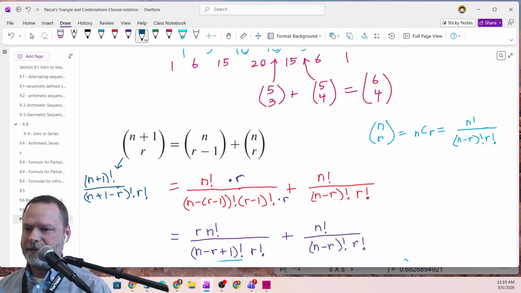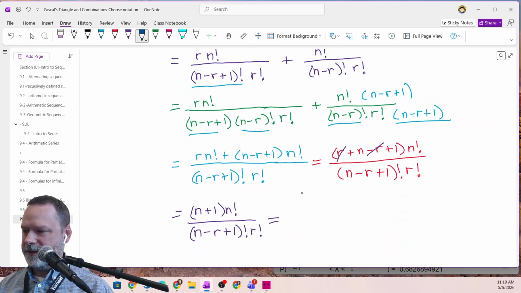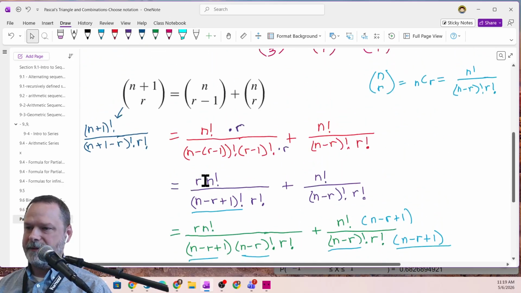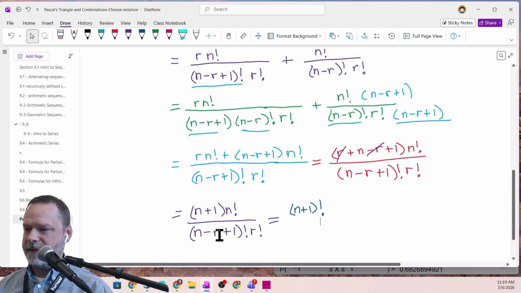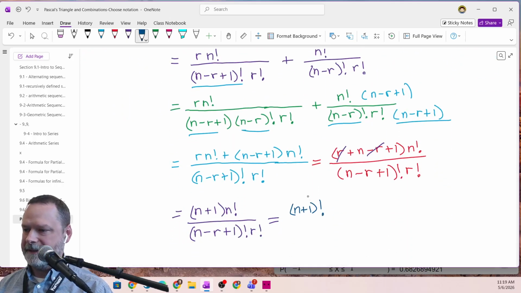That is what we're trying to get. That's what this is on the left side. Did we get that yet? Well, the numerator is n plus 1 factorial, because n plus 1 times n factorial is n plus 1 factorial. Okay, we got that. And then the denominator, n plus 1 minus r factorial. Yep, we did get that. That is exactly the same.